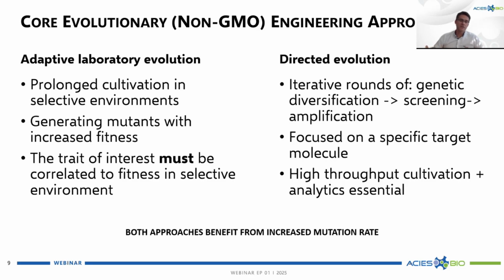And finally, after we screen and select the best ones, we amplify them and use them as parents for the next generation. So here, this is usually focused really on a specific target molecule, which we are trying to produce with the microbial process. And of course, it's based, one, on high throughput cultivation, and two, a very good assay, which also has to be done in high throughput.